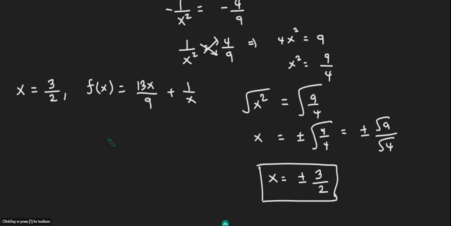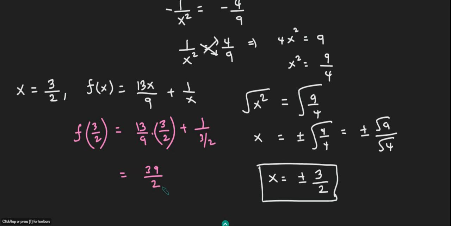So plugging this, we get f of 3 by 2 equals 13 by 9 times x, replaced as 3 by 2, plus 1 over 3 by 2. So we get 13 times 3 is 39 by 18, plus this is 2 thirds. Okay, so this is 18, not 2, because 9 times 2 is 18. So we have 39 over 18 plus 2 over 3.